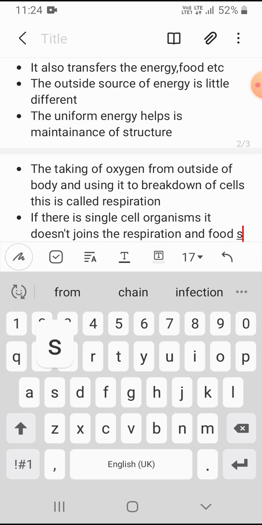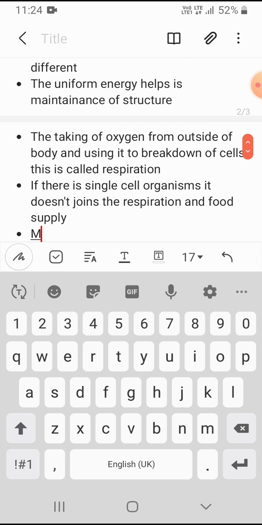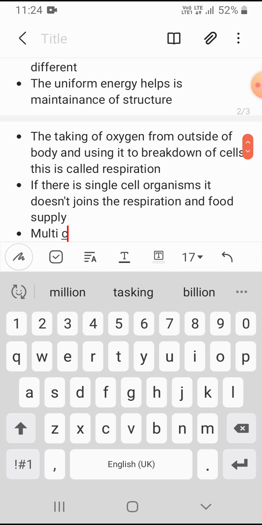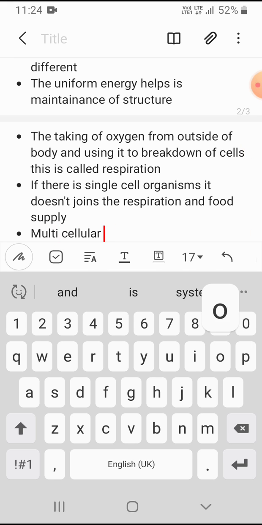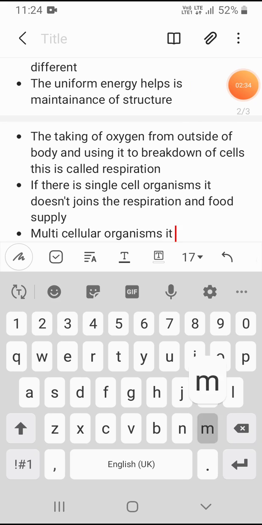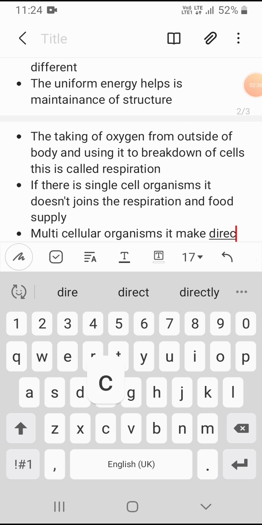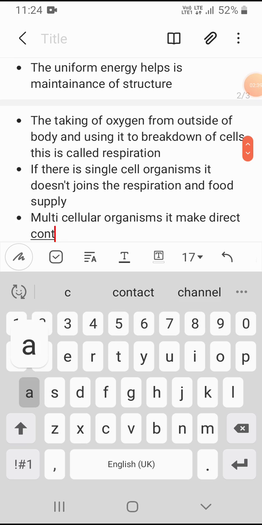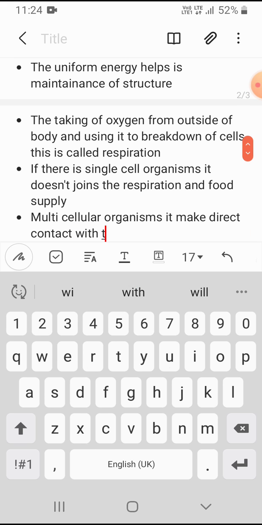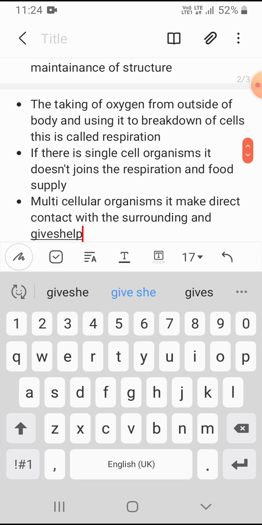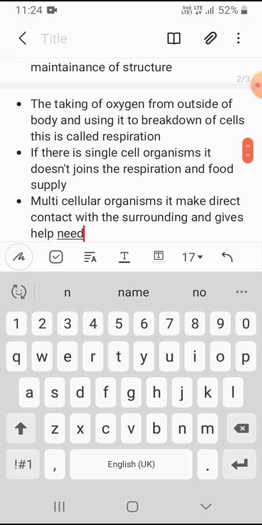A multicellular organism makes direct contact with the surroundings and gets the help it needs.